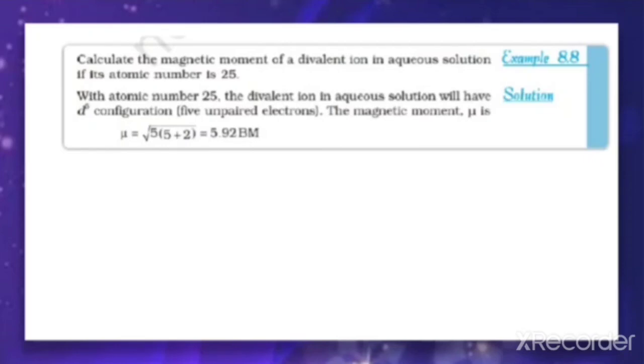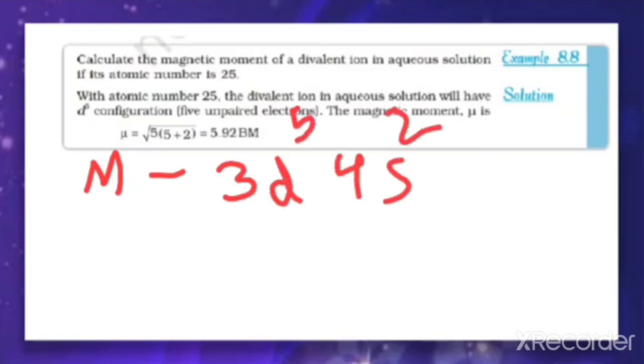So better we write it as M. M is the transition metal with the atomic number 25. So you need to write the configuration. Atomic number is 25. So what will be the configuration? 3d5 4s2. That is the configuration for the metal.